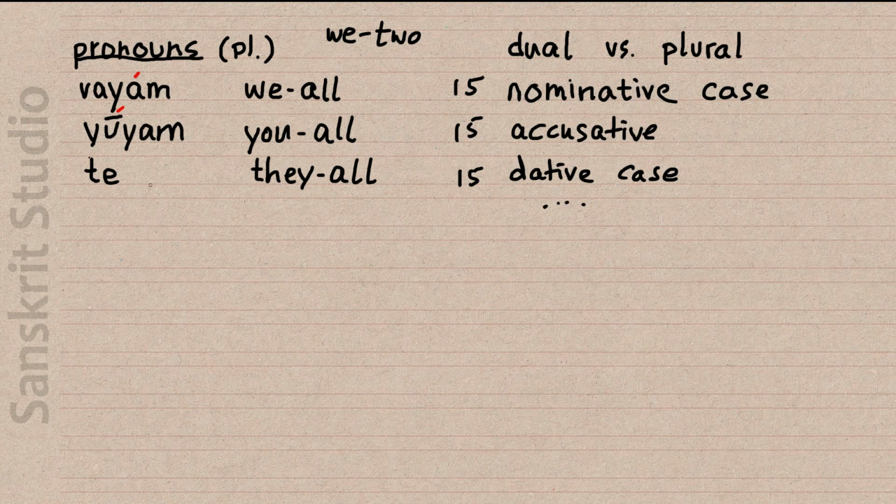They all in this te here only represents masculine gender. So there are two more pronouns here which represent feminine and neuter.